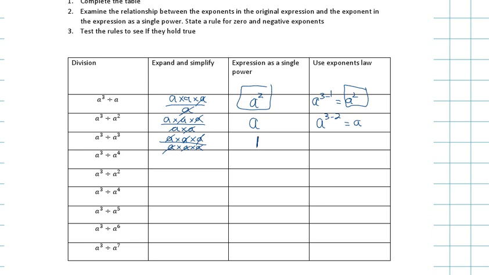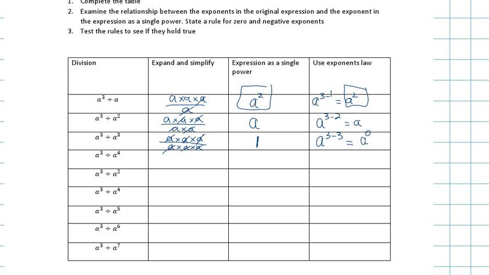Anything you divide by itself, if you do 10 divided by 10, what do you get? 100 divided by 100, 1. A over a, 1. A cube over a cube, 1. So no matter what, as long as you're dividing something by itself, you're going to get 1. Now let's use the exponent law. So that will be a to the power of 3 minus 3. What's 3 minus 3? A to the power of 0.